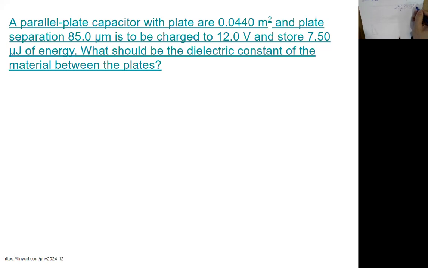So the voltage V is equal to 12.0 volts, and it says the energy stored is equal to 7.50 times 10 to the minus 6 joules, microjoules. It's asking you what's this dielectric constant. Oh, actually kappa, sorry, not the permittivity. It's asking for kappa.